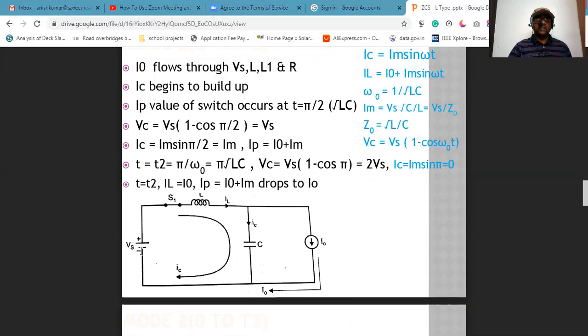So now the current will flow from Vs, L, and here we have L1 as load, and will come to the negative. During this time, the capacitor will start charging. So the current value is initially 0, it will start increasing.